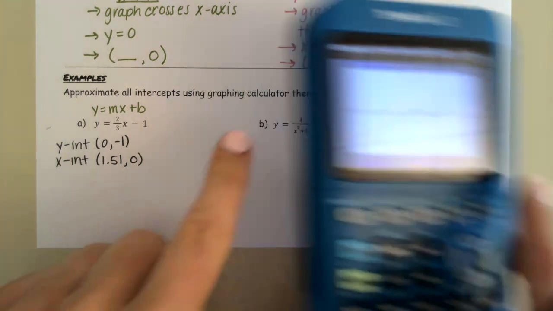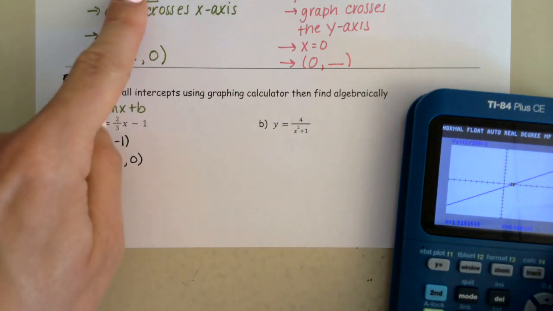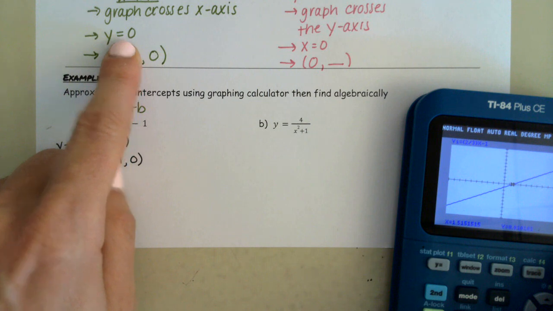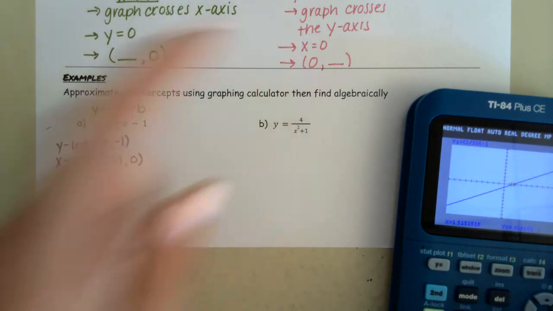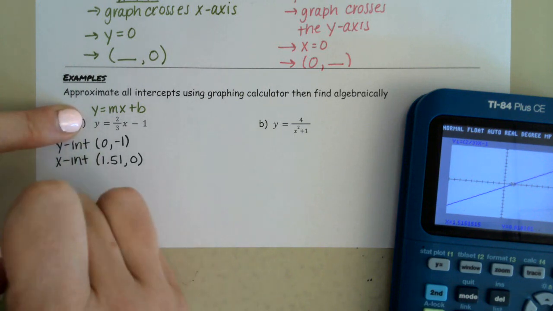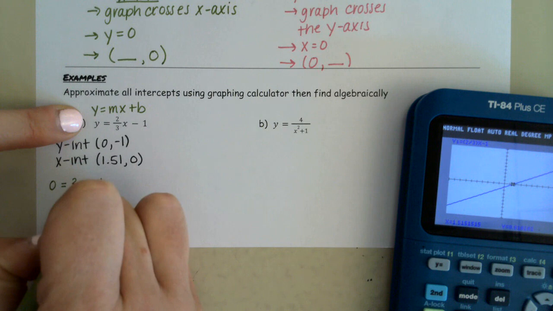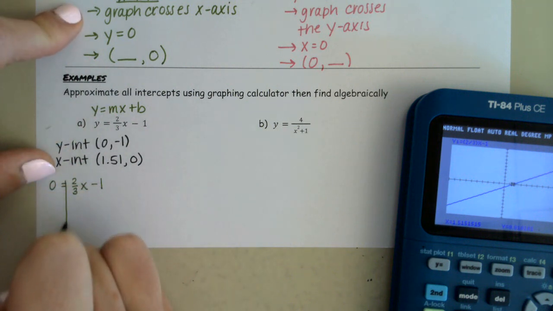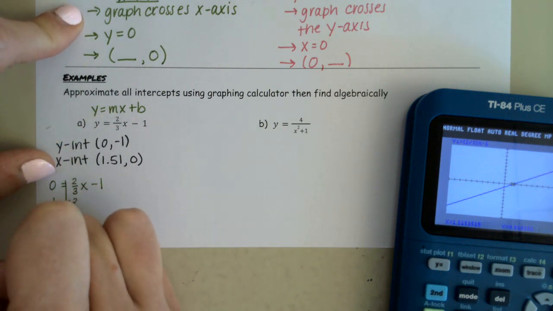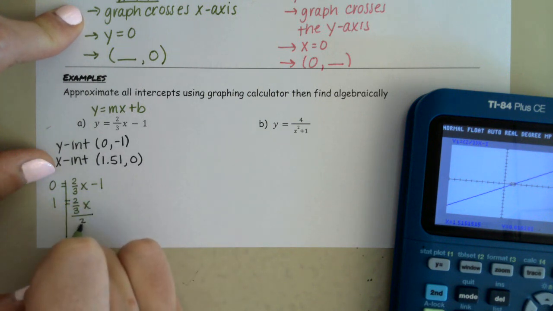Now it says I have to find them algebraically. Remember, your x-intercept is when y is 0. Your y-intercept is when x is 0. I'm going to take out the y and put 0 in its spot. So 0 equals 2/3 x minus 1. Solve it for x. So 1 equals 2/3 x. I divide by 2/3.